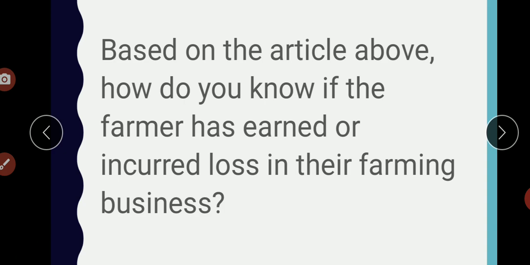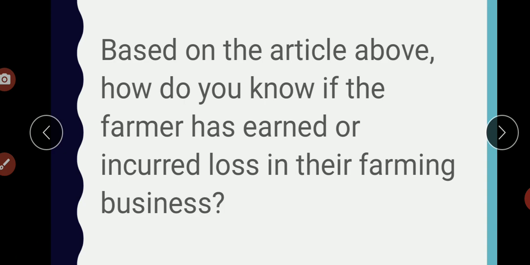That's break even. But if you have a net income, after deducting the expenses, whatever is left, that is your net income. If you incurred loss, if the price of your produce is lower than your expenses.